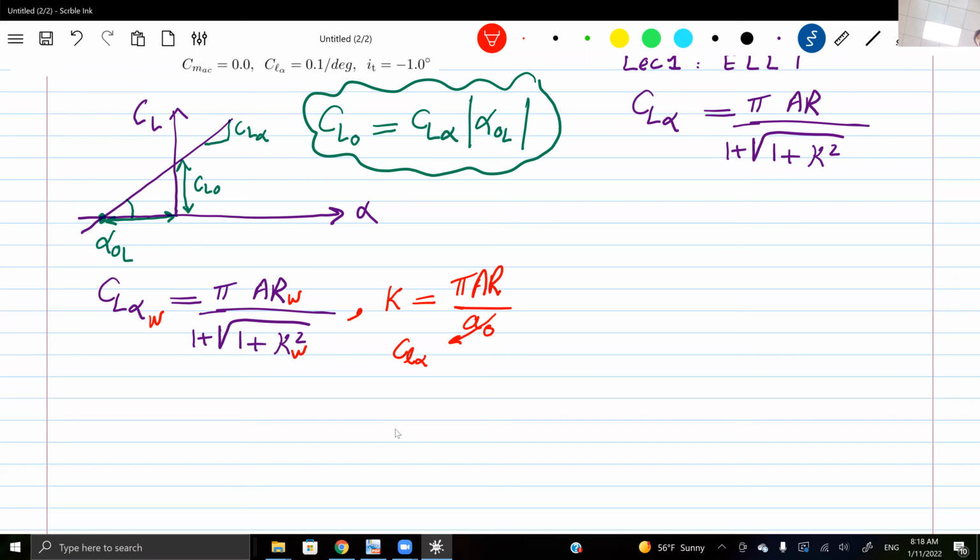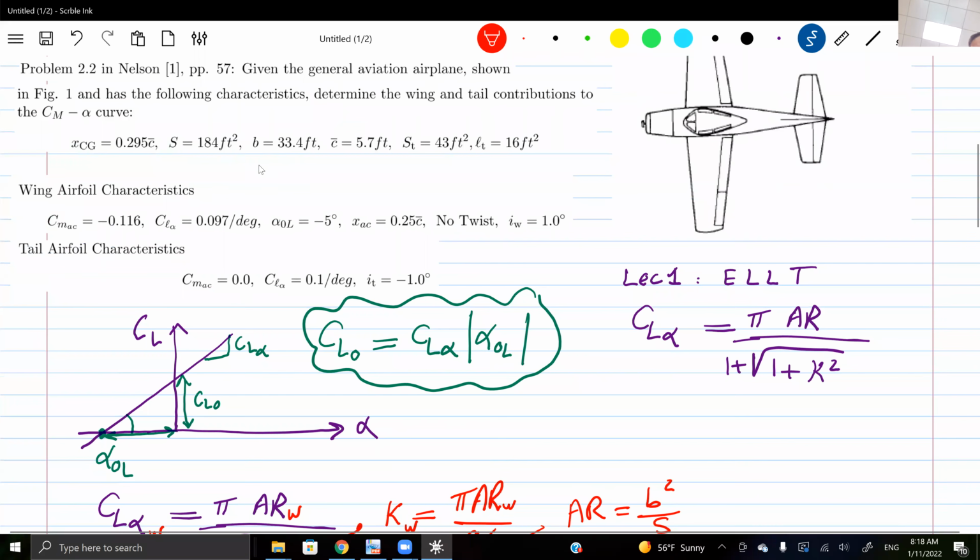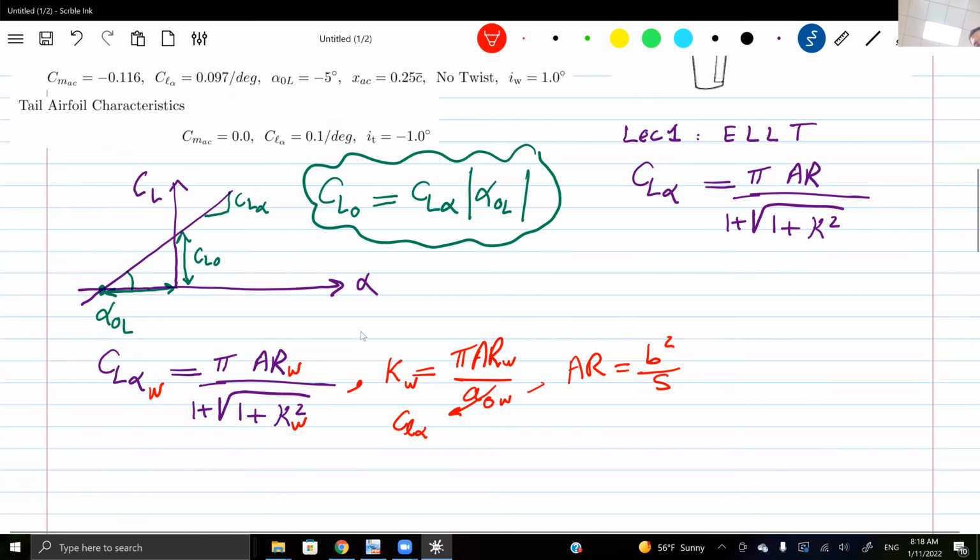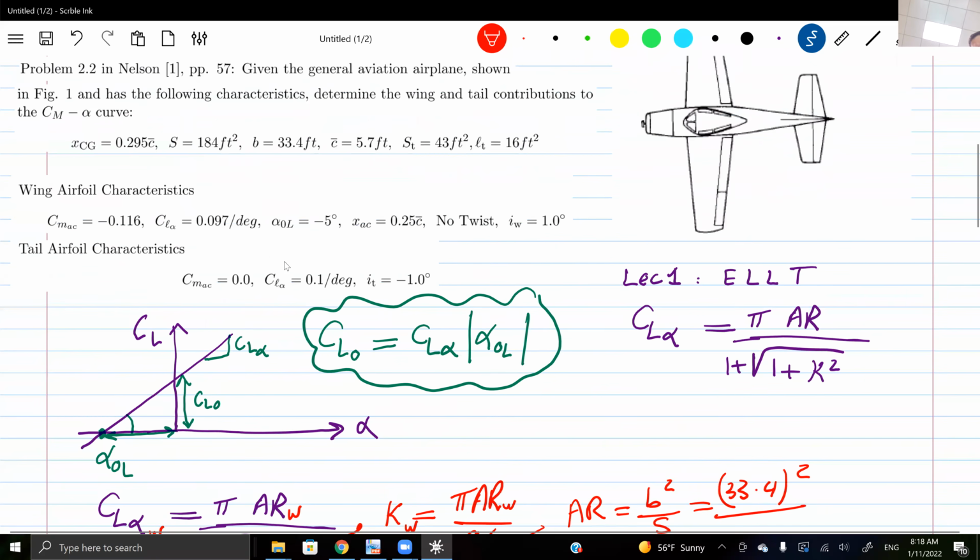Okay. And again, this is wing, wing, wing. And what is the aspect ratio? Well, the aspect ratio is simply b squared over S. So I have the span, I have the area, of course for the wing. So I'm gonna do 33.4 squared over the area. The area is 184.